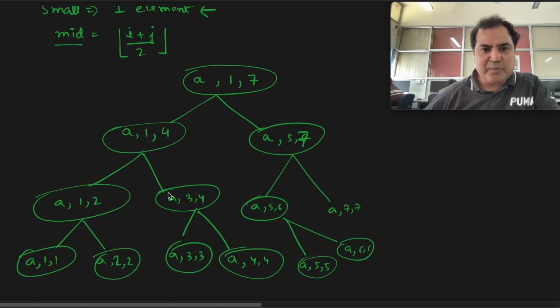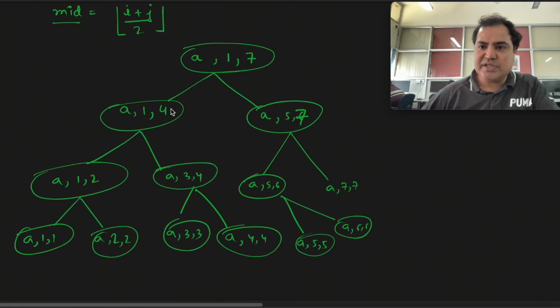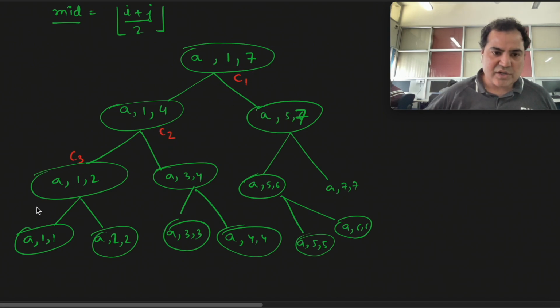We will keep on dividing until our problem is small, right? Now we'll see how this is being called in the stack. This is our first call, then after mid this is the second call, then the third call, the fourth call, and the fifth call. When the left is finished, we go to the right.